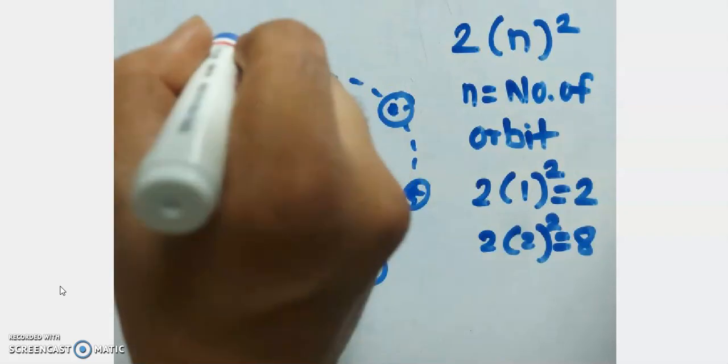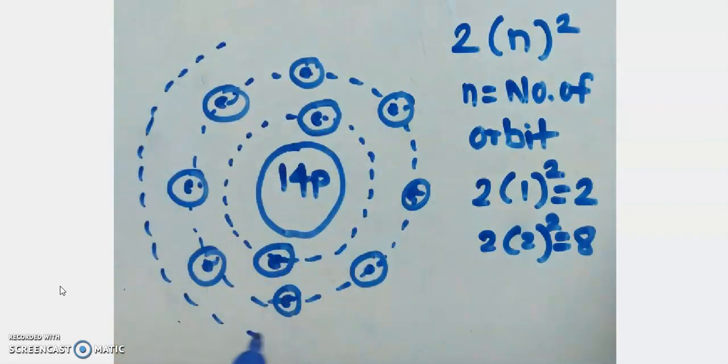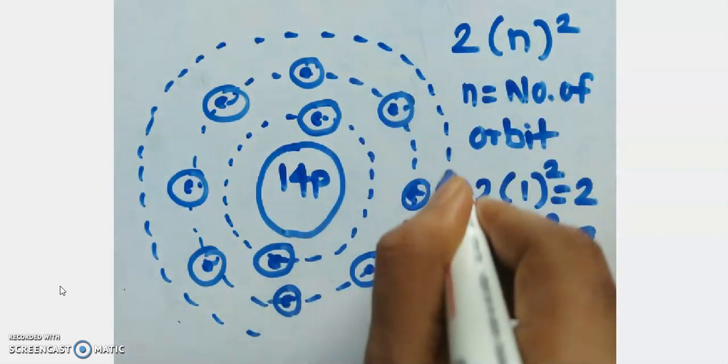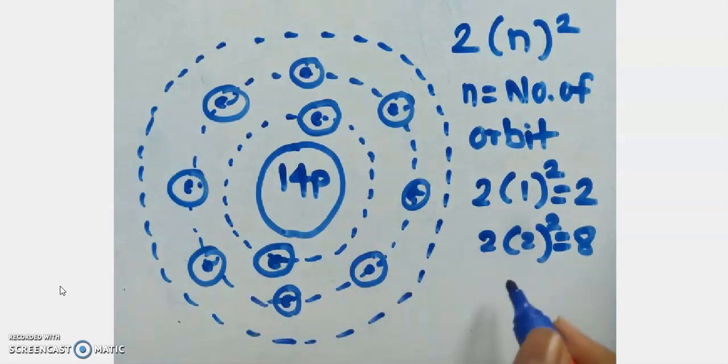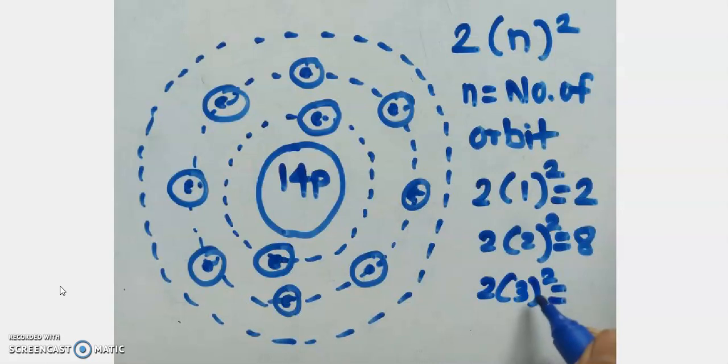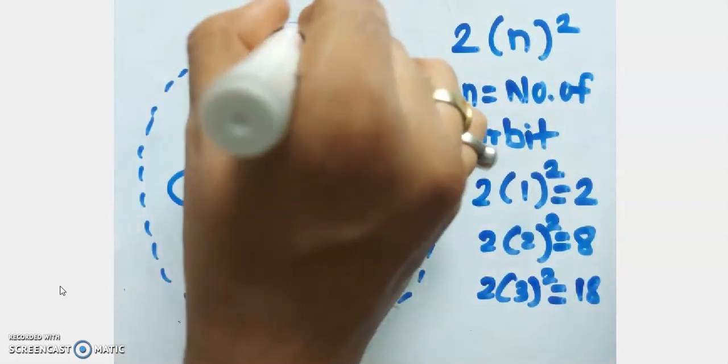So I'll go with the third orbit. I'll put it in the formula. For the third orbit, 3 square is 9, and 9 times 2 is 18. I can accommodate a total of 18 electrons, but I have only 4 left.